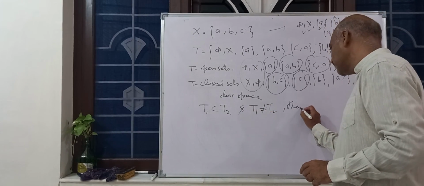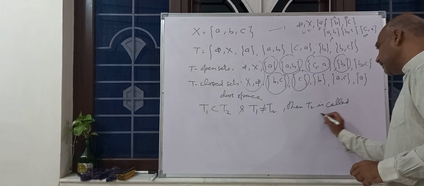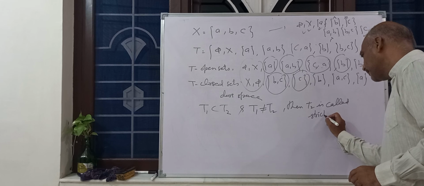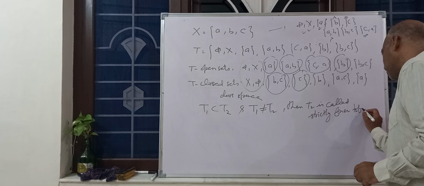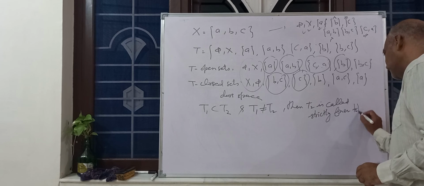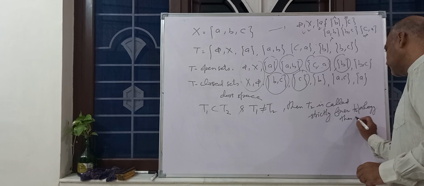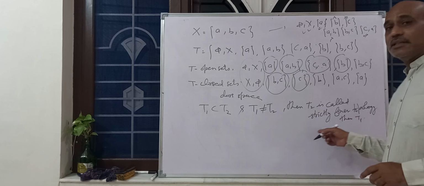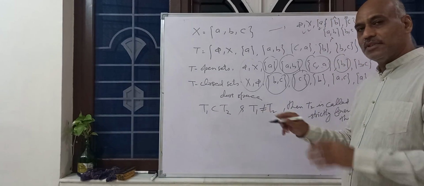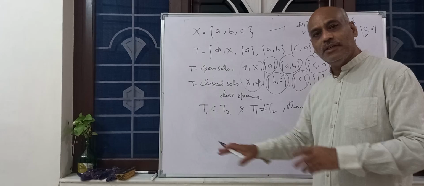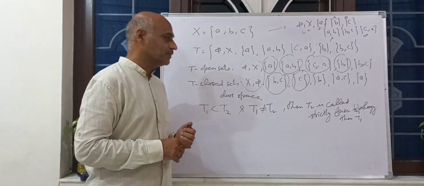Then T2 is called strictly finer, T2 is bigger, and T1 is strictly weaker. So these are some basic definitions.